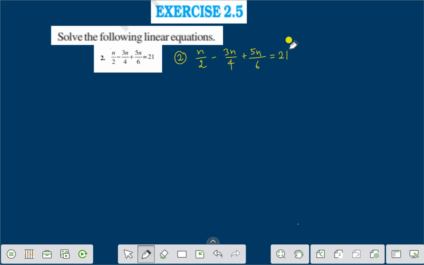There is n by 2 minus 3n by 4 plus 5n by 6.